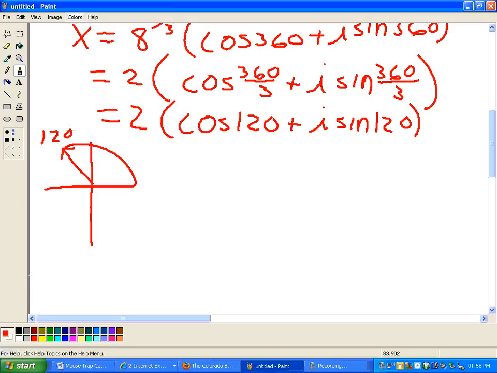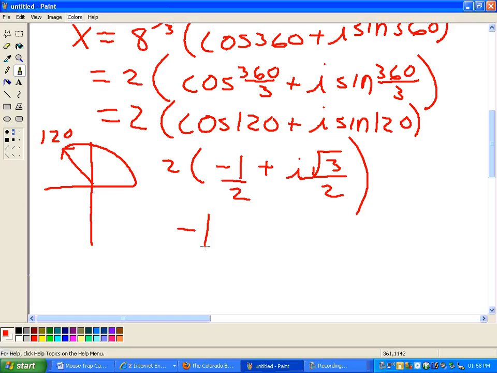Negative half. And what's the next one? Square root of 3 over 2. Would you be able to simplify that to negative 1 plus i root 3, all over 2? Yep. So we're good with those numbers? So that is the second answer.